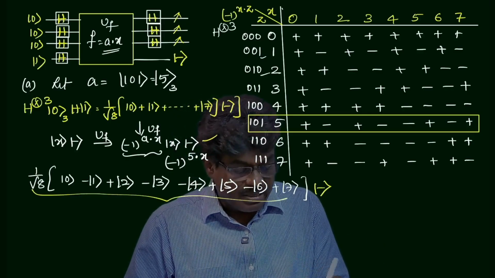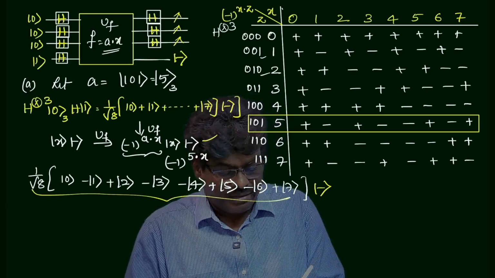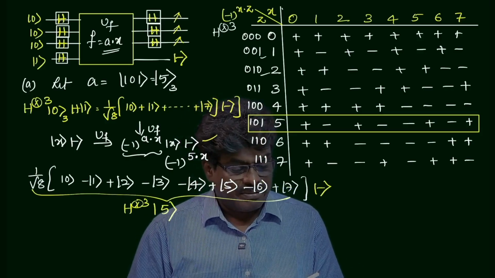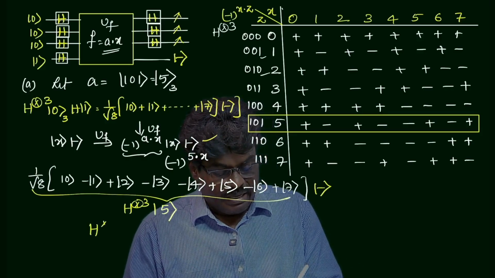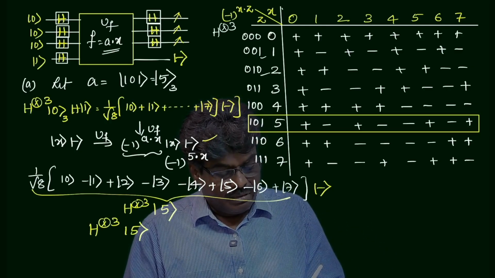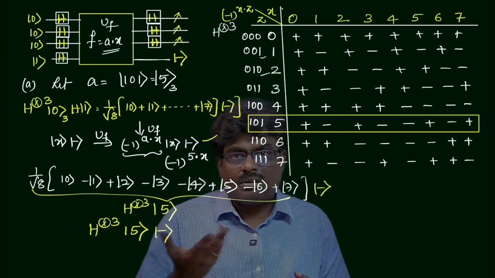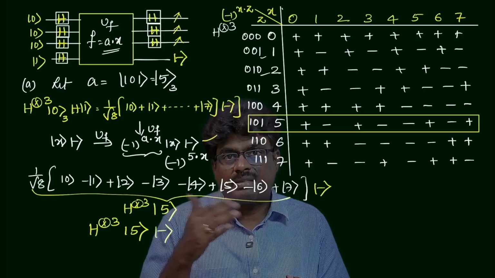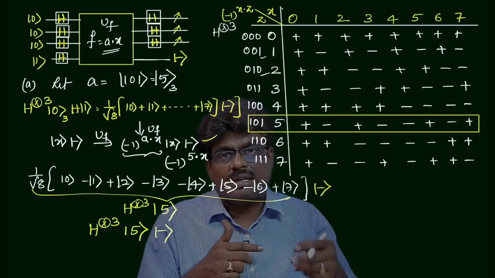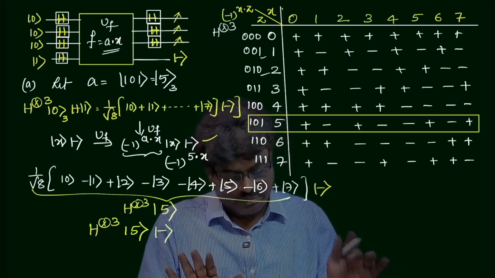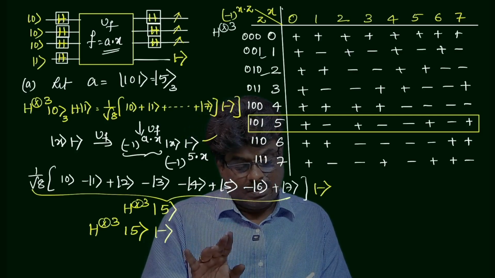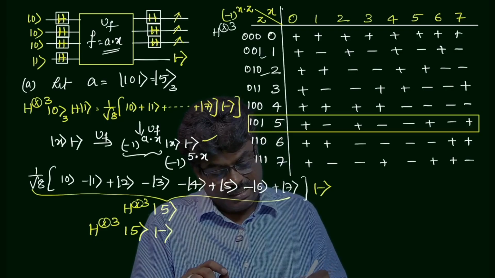This is nothing but H tensor 3 operates on 5, from this table, if you observe, and minus. If you have any doubt, just operate as I explained earlier with the decimal state notation and the Hadamard operations. Please write the Hadamard operations and cancel the states. Finally, you will get the same answer. No doubt about it. So this is nothing but H tensor 3 on 5.